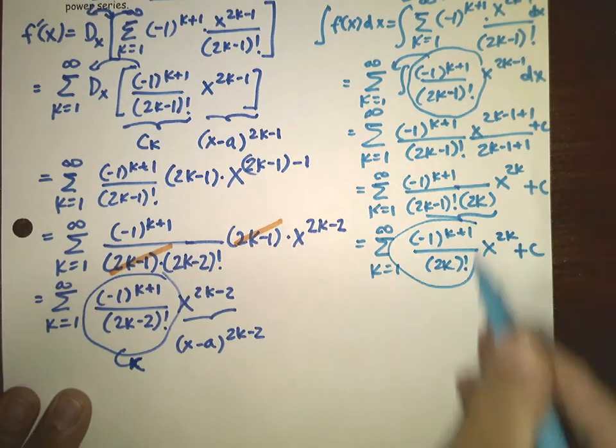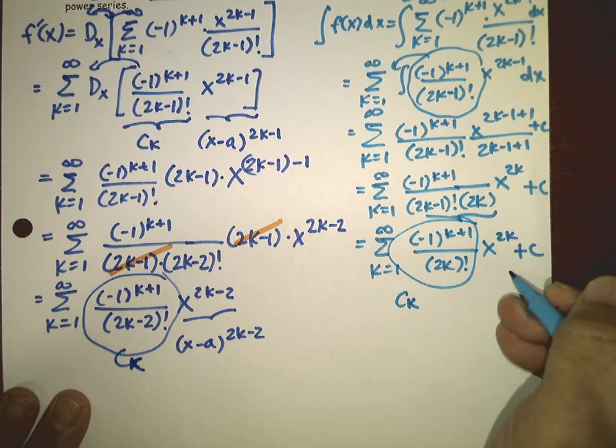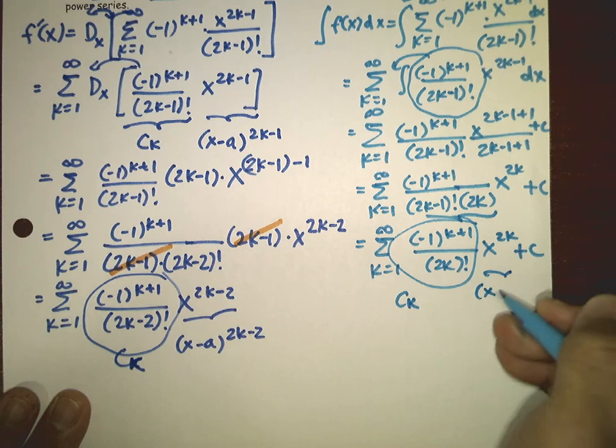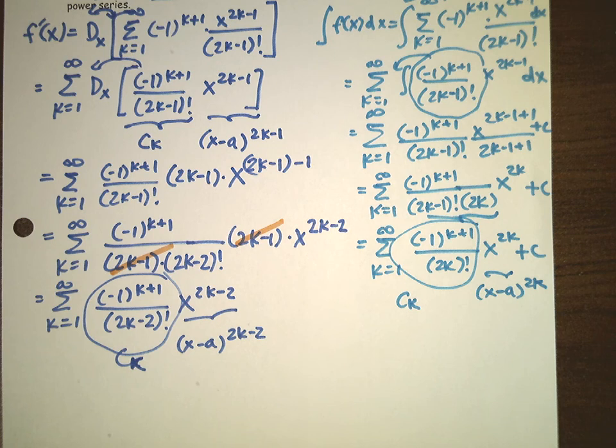Here would be the ck for the integral, and here would be the x minus a to the 2k power. All right, so now they want us to find the radius of convergence. Remember, this will not be too difficult to find here.